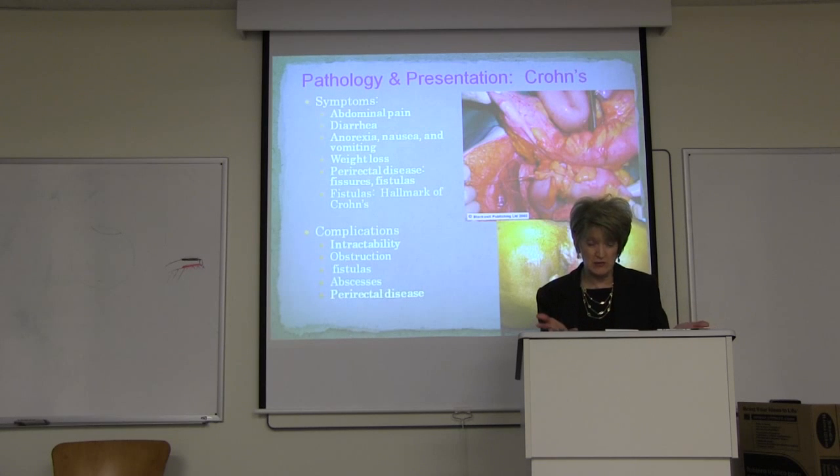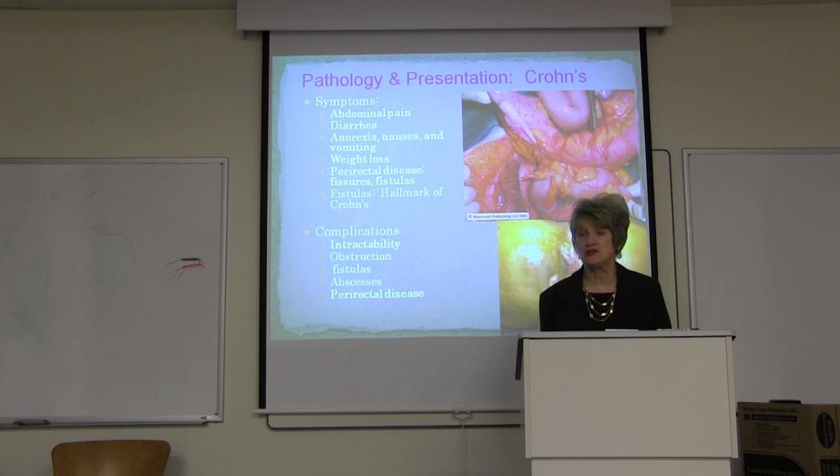What do I want you to remember? I want you to remember that it's common for Crohn's disease patients to have high volume diarrhea. Also very common for them to complain of having no appetite, anorexia. Some of them have nausea and vomiting on a fairly frequent basis. It depends on which sections of the bowel are involved.